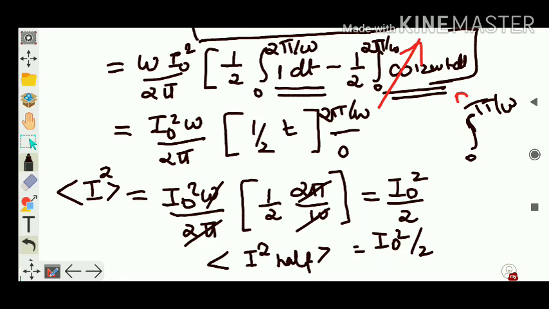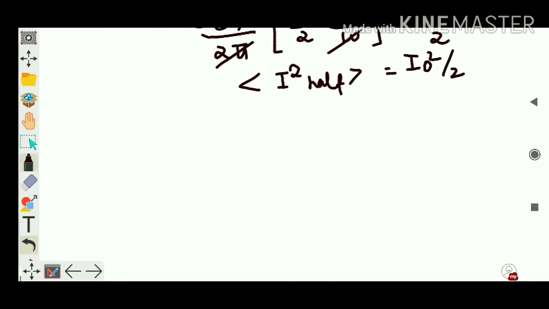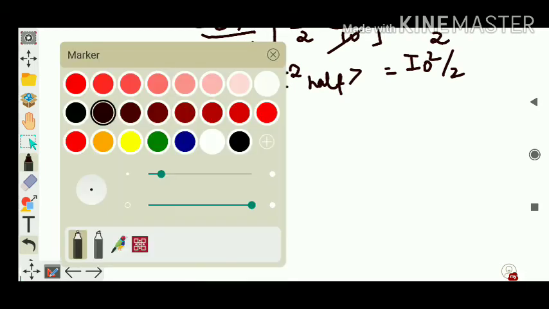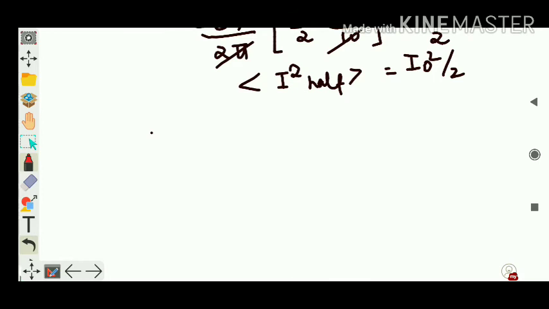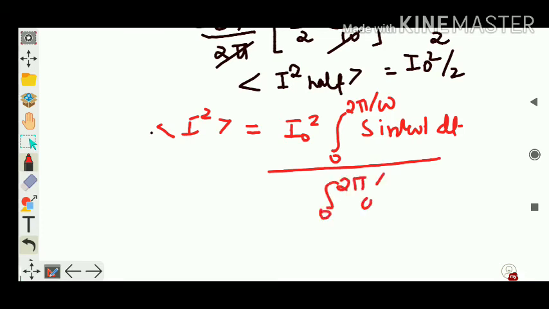Okay, so why did we do this much tedious job? Now we are going to understand the value of I squared. Remember we wrote it like this: integral I naught squared 0 to 2 pi by omega, sine squared omega t dt, divided by integral 0 to 2 pi by omega dt.